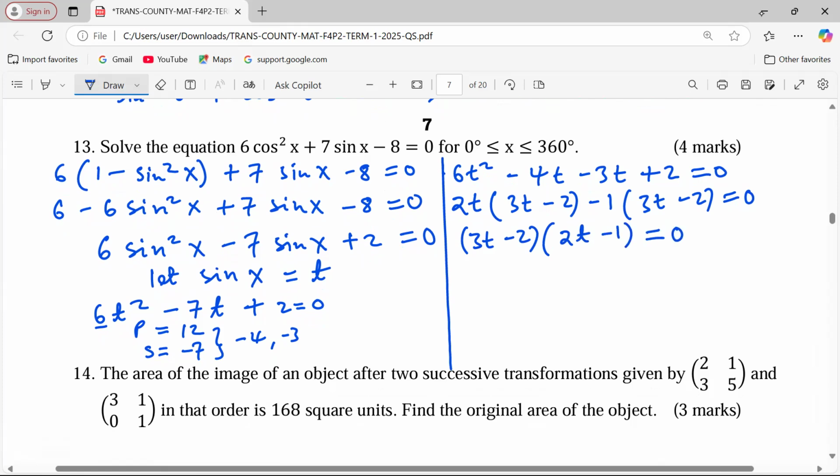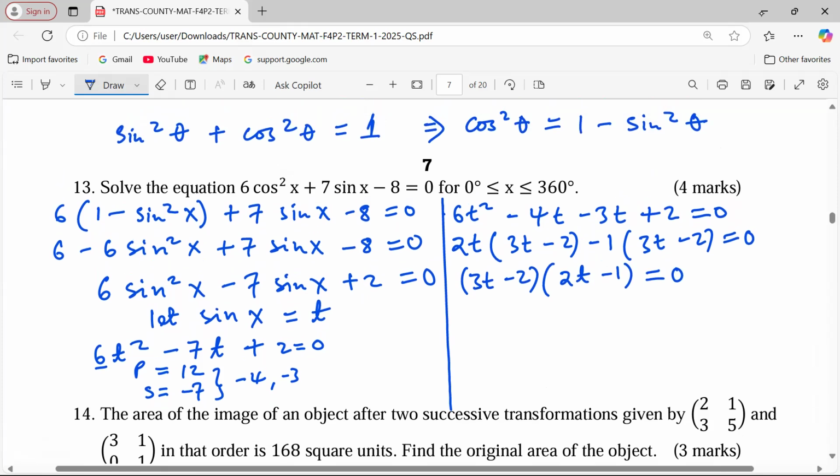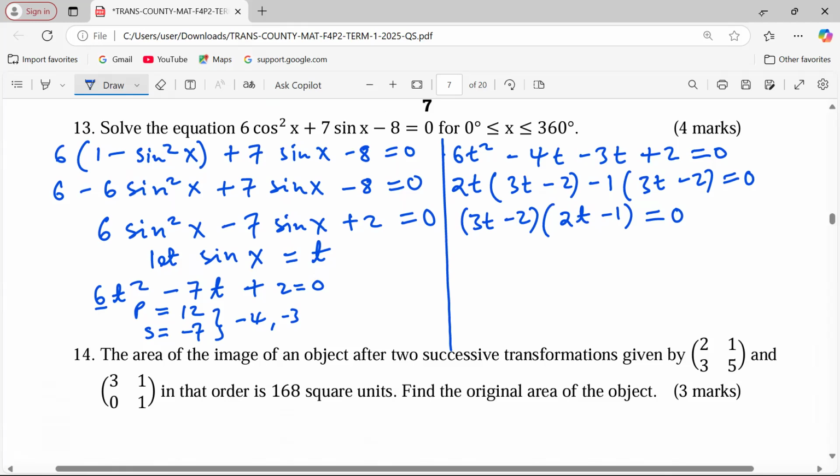This is equal to 0. The values of t are going to be two here, because 3t minus 2 can be equal to 0, translating to t becoming 2/3. Again, 2t minus 1 can also be 0, meaning that the value of t will be half.